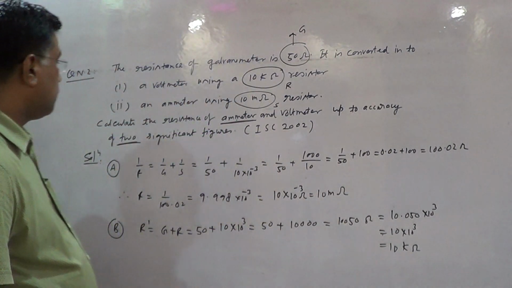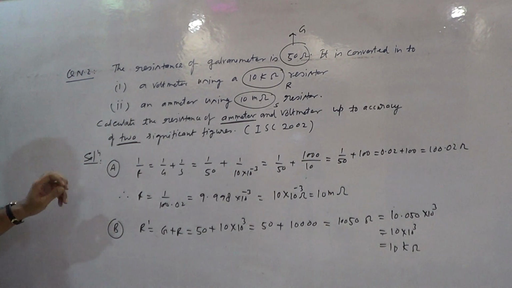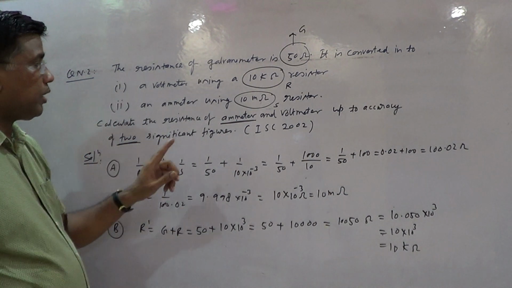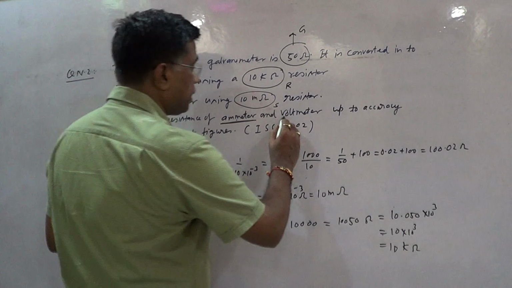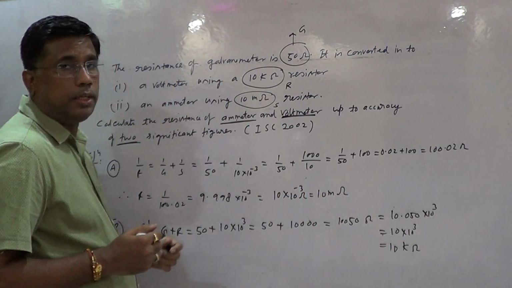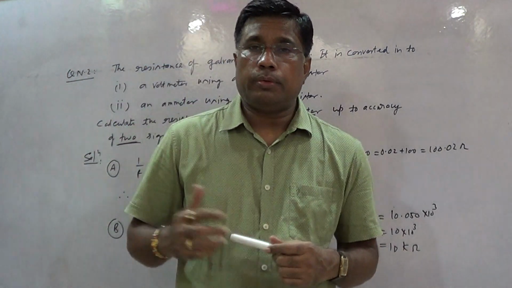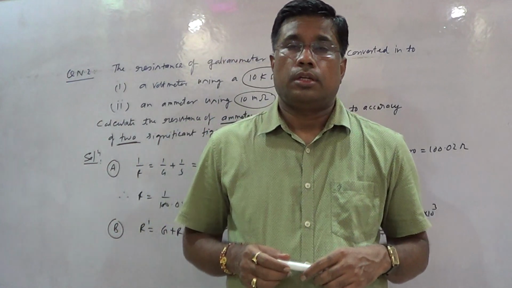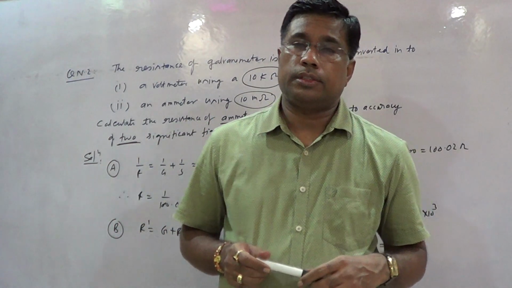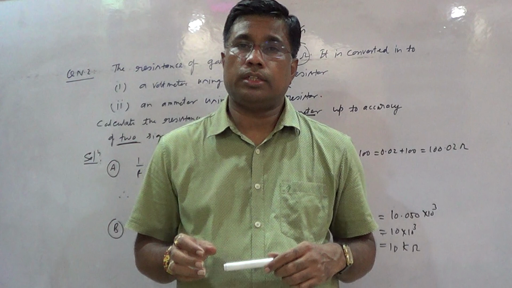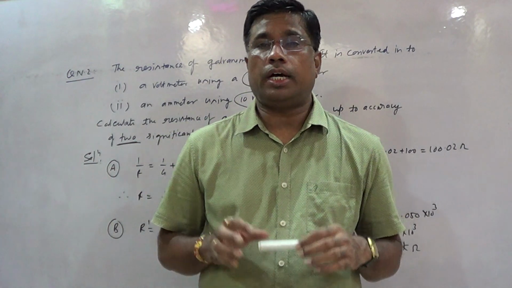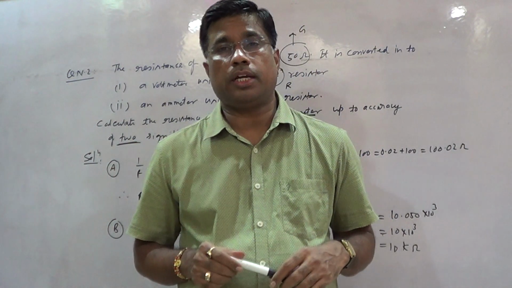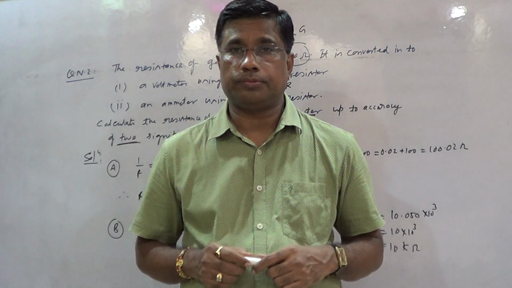Now come to the second part of the question, in which we are going to calculate the resistance of the voltmeter. Student, in previous video lectures I taught you that to convert a galvanometer into a voltmeter, a high resistance capital R should be connected in series with the galvanometer.